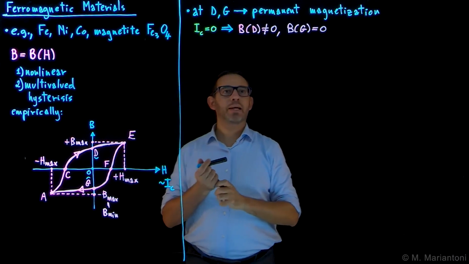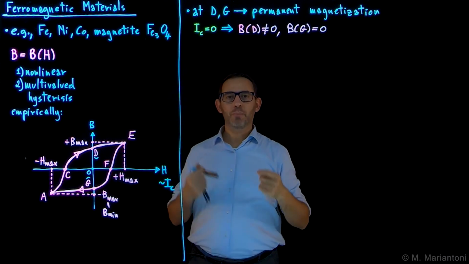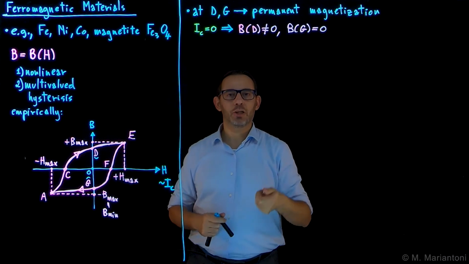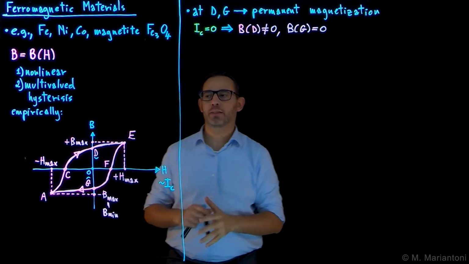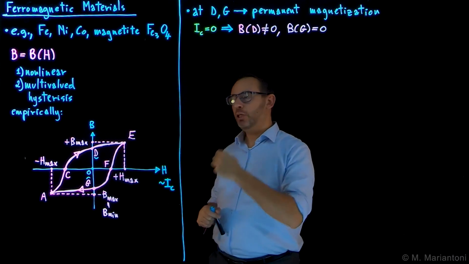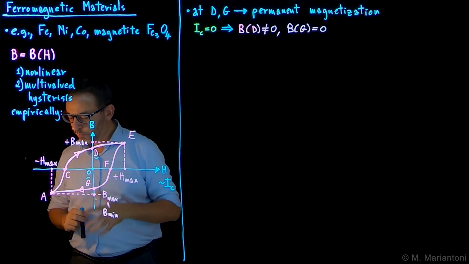So a material with this kind of curve, clearly, is like your magnet on your fridge. For the magnet on your fridge, you don't need to apply an external current to magnetize it. It's magnetized even in absence of any current. So that's the beautiful feature of this hysteretic curve here.